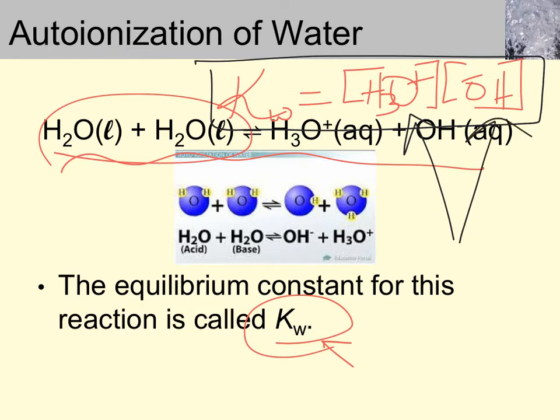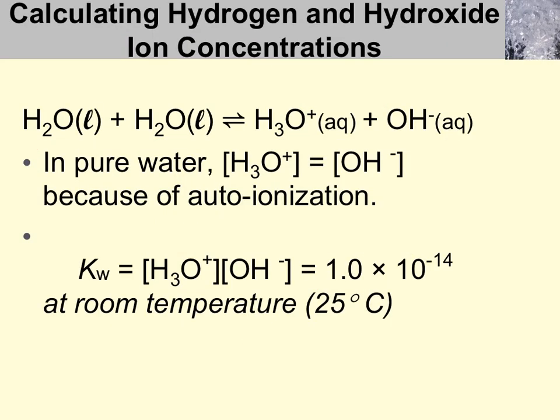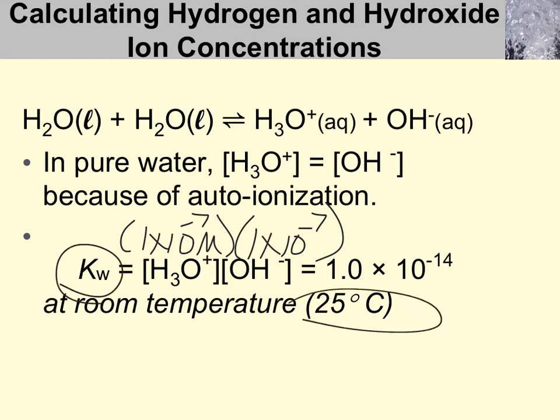In a neutral solution, both of these are equal to one another. At room temperature, each of these concentrations is 1 times 10 to the minus 7 molarity. That's very small, that many moles per liter of ions in aqueous solution. And so the Kw at room temperature, 25 degrees, is 1 times 10 to the minus 14. That's an important tidbit to know because you're going to use it quite a bit in your calculations when you're trying to convert from hydronium to hydroxide.